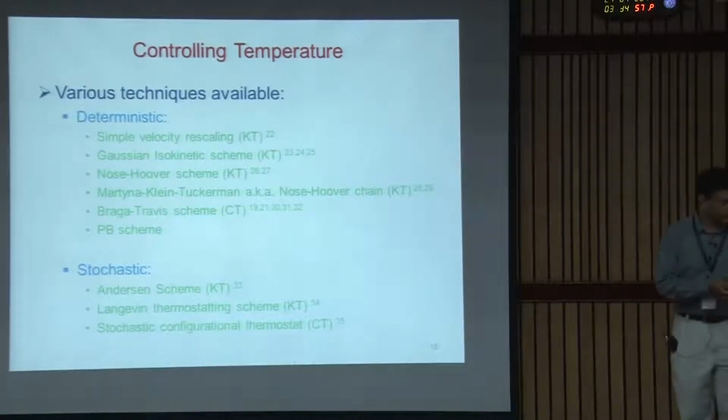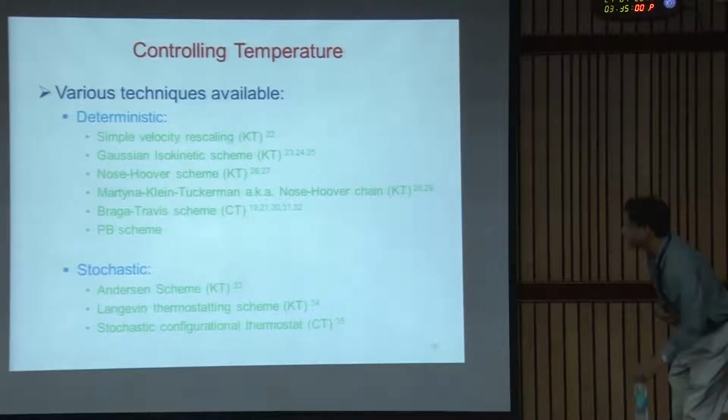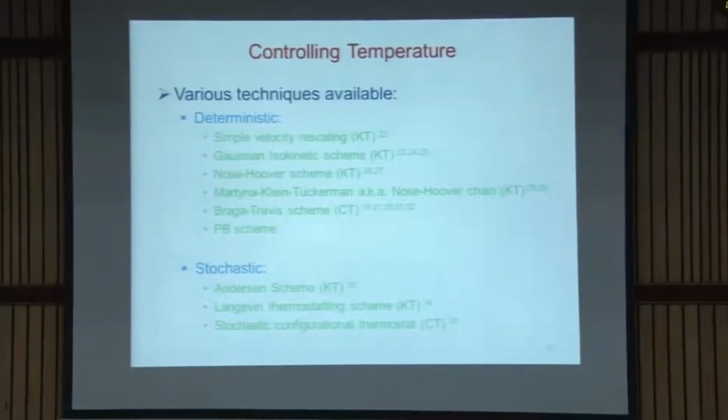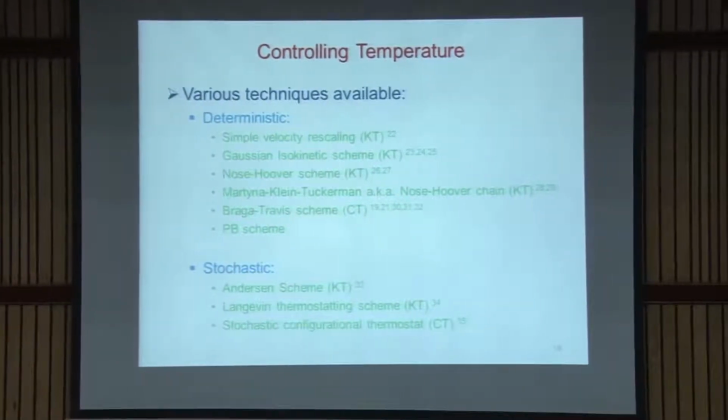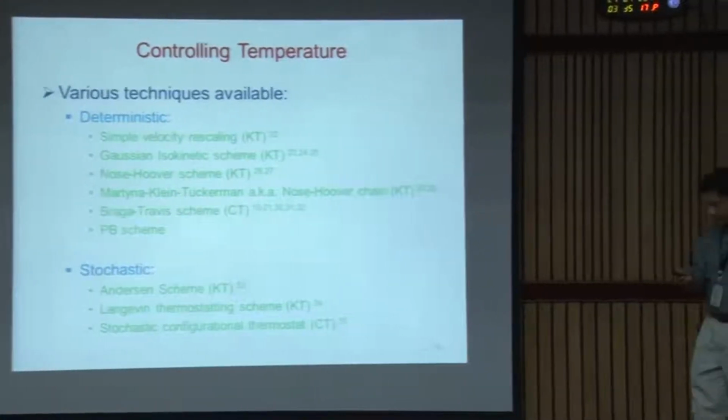So for controlling temperature in molecular dynamics, there are several techniques available. We group them into basically two main categories. One is deterministic, which may or may not preserve the microscopic reversibility of the dynamics.